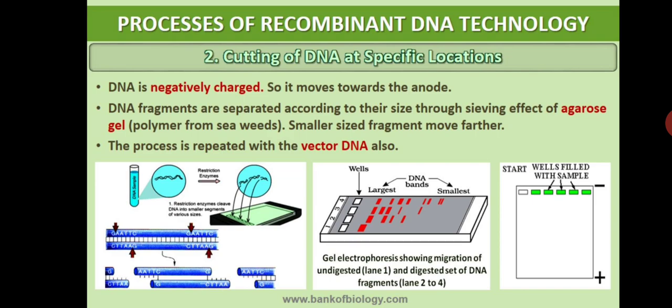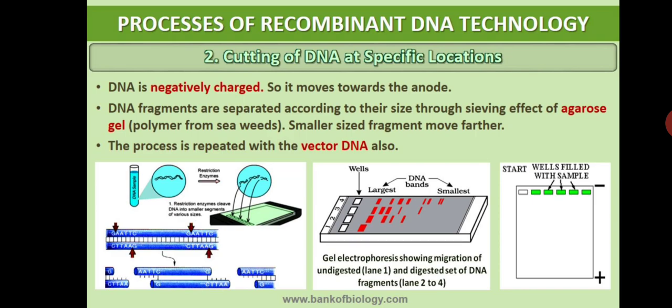Later you have to remove the gel by making use of an alkaline solution, certain chemicals. It is possible to remove the gel, and only the separated DNA fragments are attached to the nitrocellulose sheet. And that nitrocellulose sheet you have to attach to the X-ray film.